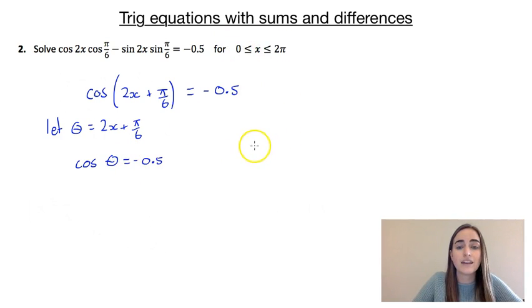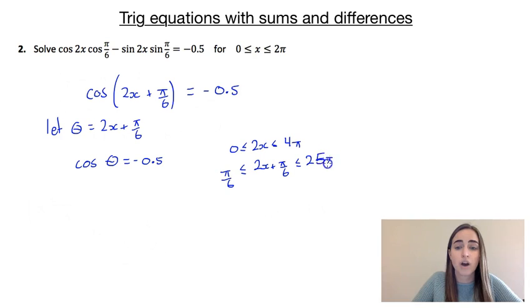So our domain is, if we changed it to 2x, it would be between 0 and 4 pi. But we want 2x plus pi on 6. So we're going to have it between pi on 6 and that would be 24, so 25 pi on 6. So that's what our theta is between.